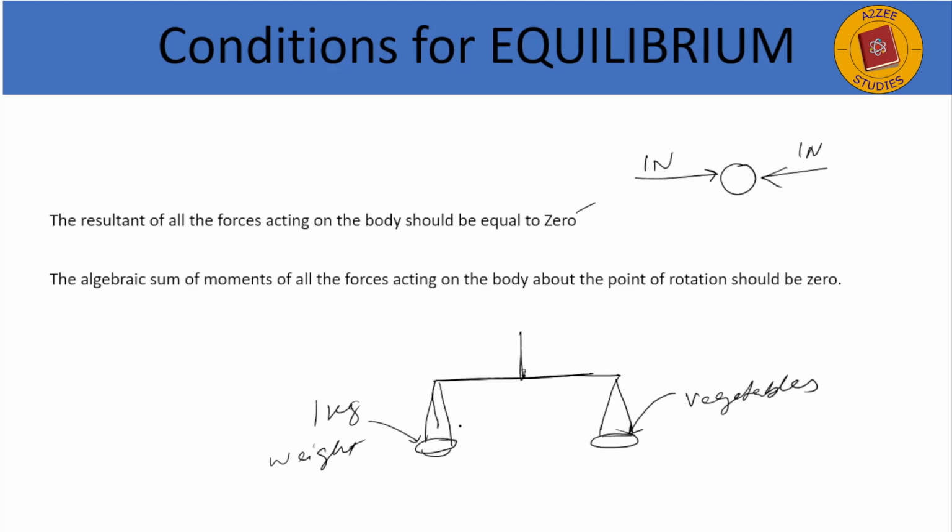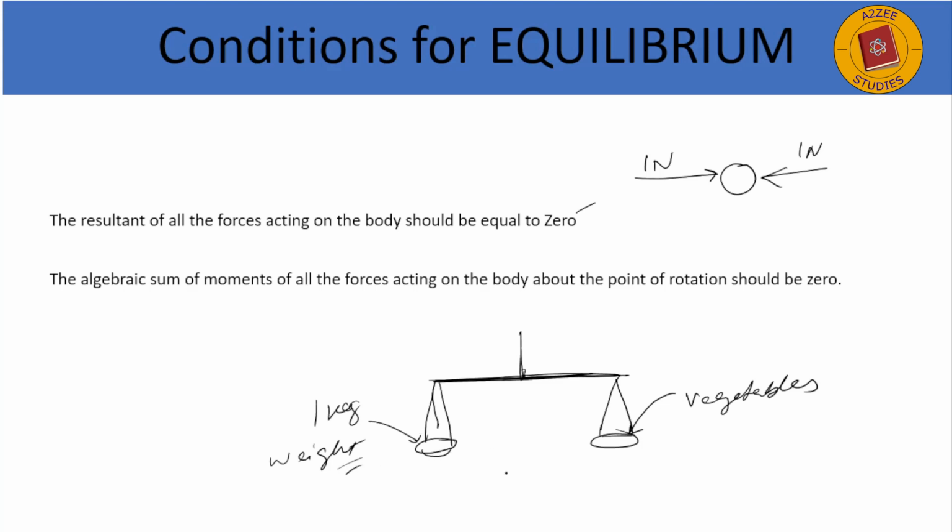First we see that just the moment he puts the 1 kg weight here, it comes this way. This drops and this goes up. But as and when he puts the vegetables, we see that this bar becomes horizontal. And at the point when this bar becomes totally horizontal, that is the point when the vegetables have the weight of 1 kg, equal to this weight.